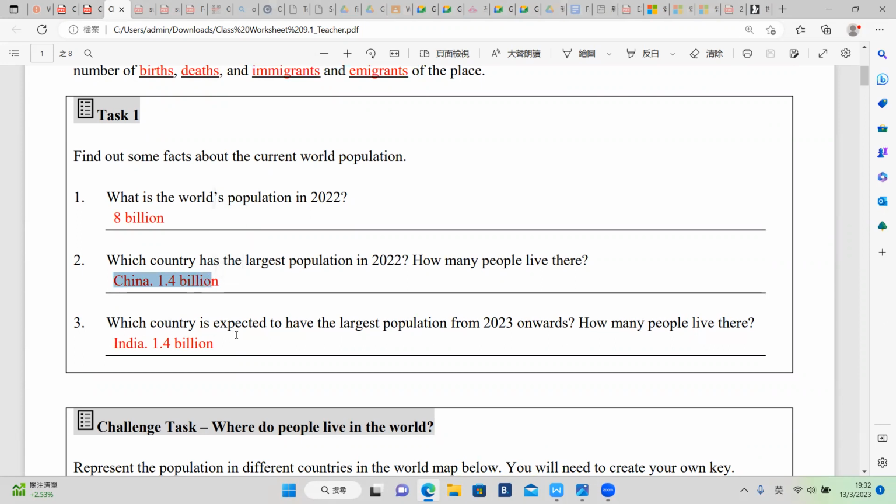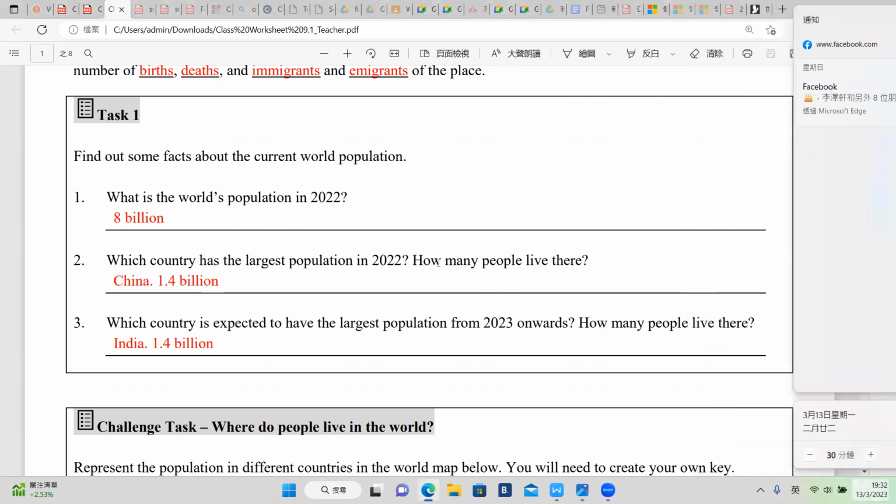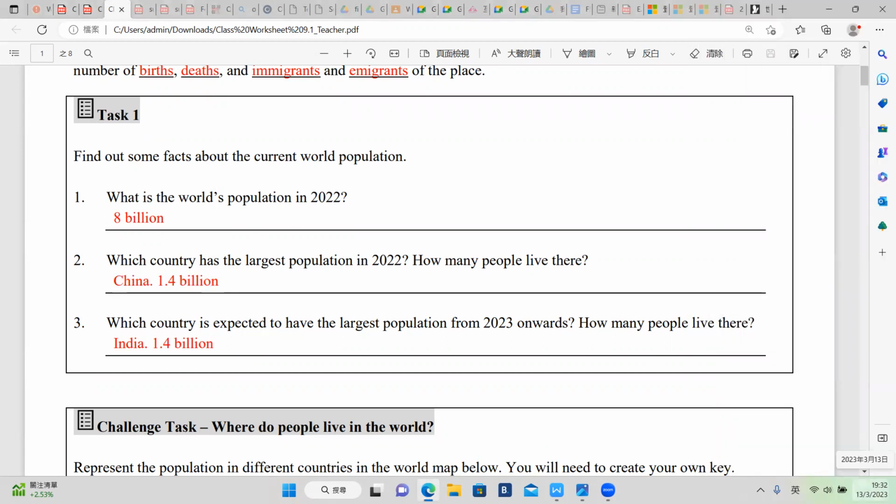For the whole population in the world, there are about 8 billion people, and China and India are each almost 1.4 billion. Fun fact: right now it is March 2023, but by April 2023, in terms of statistics, no one knows exactly how many people China and India have.